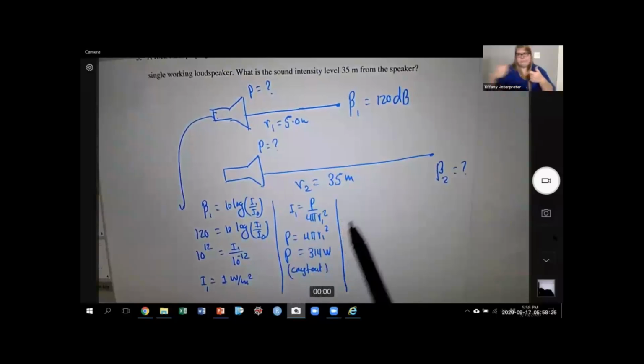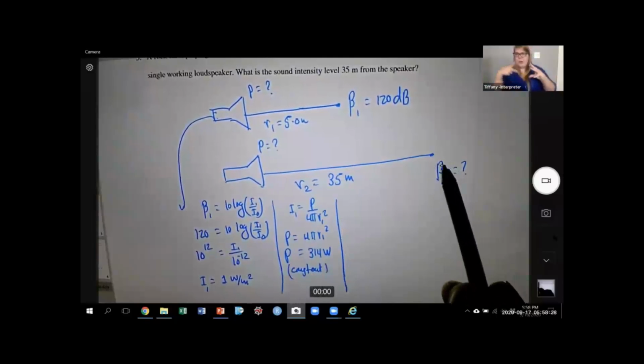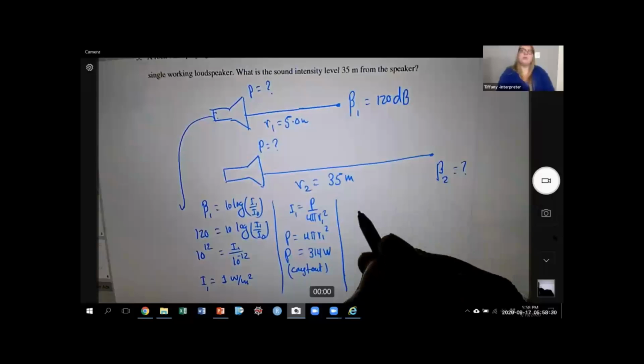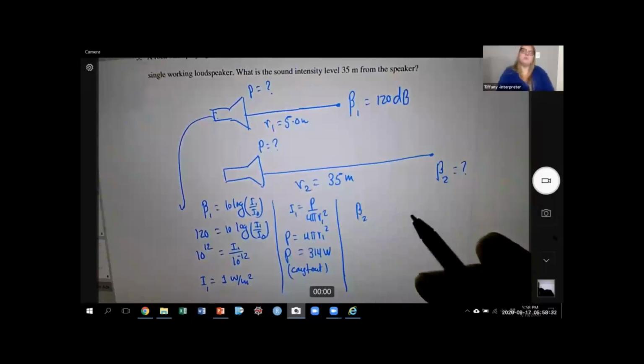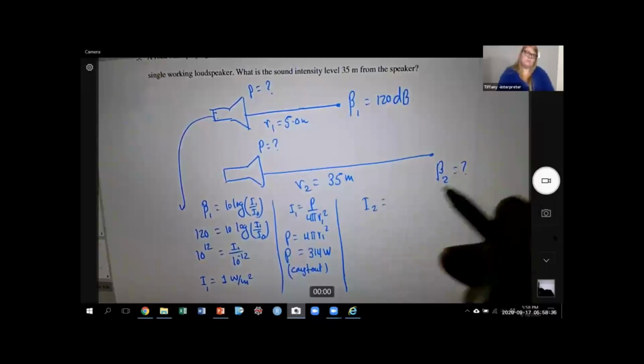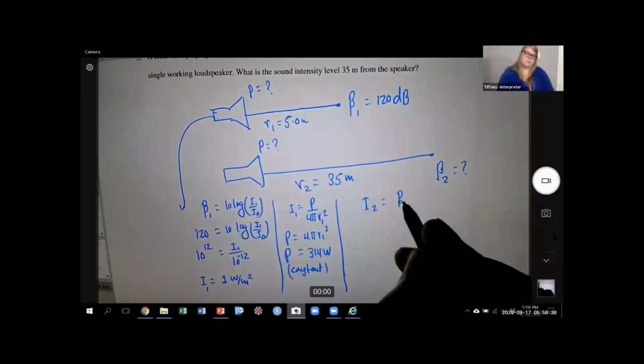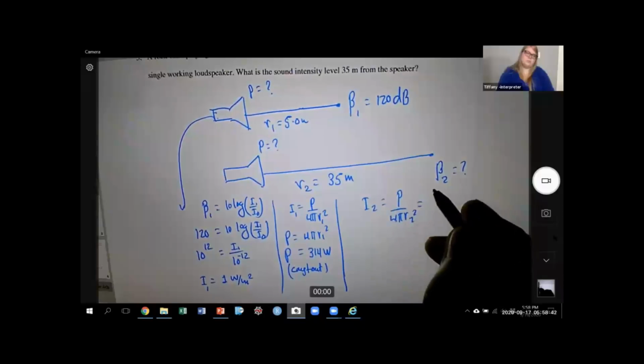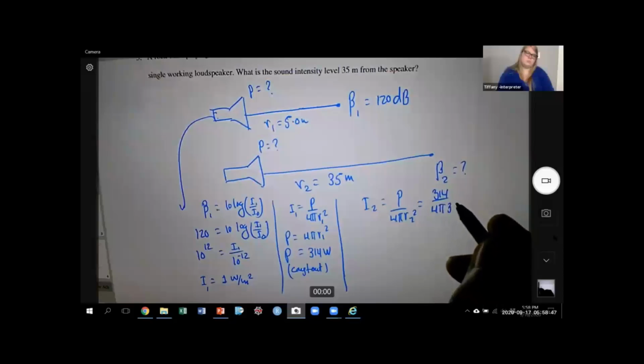Now it's asking what's the loudness at 35 meter distance. Now you have to calculate beta 2. To find beta 2, first you need I2, the new intensity. The power will remain the same, but the distance is different, so R2 squared. So I2 is 314 divided by 4 pi times 35 square.